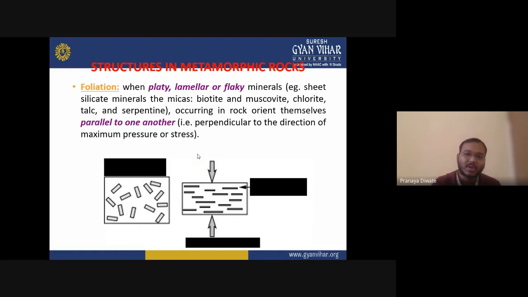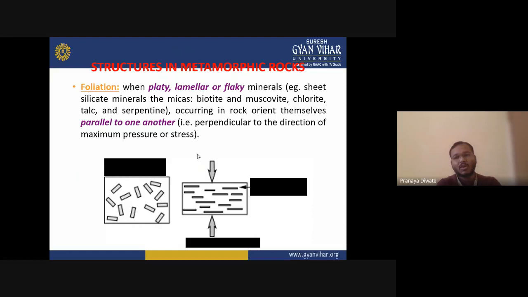When platy, lamellar or flaky minerals are formed, it's a sheet silicate mineral, the mica. That is a sheet silicate mineral like mica, biotite and muscovite, fluorite, talc and serpentine.